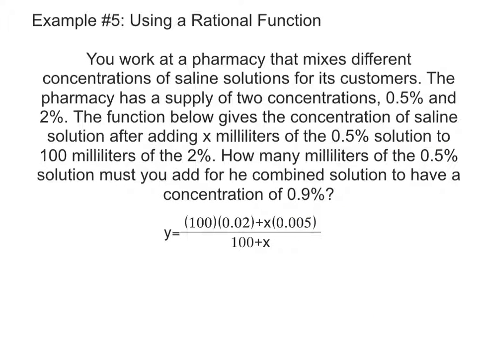All right, so example 5, it says you work at a pharmacy that mixes different concentrations of saline solutions for its customers. The pharmacy has a supply of two concentrations, 0.5% and 2%. The function below gives the concentration of saline solution after adding x millimeters of the 5% solution to 100 millimeters of the 2% saline solution.